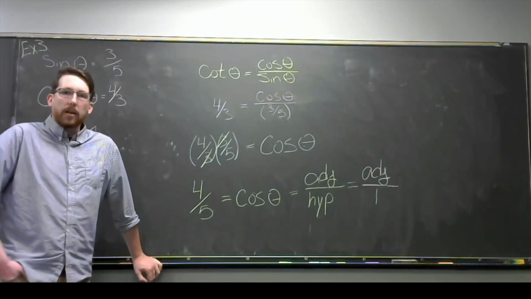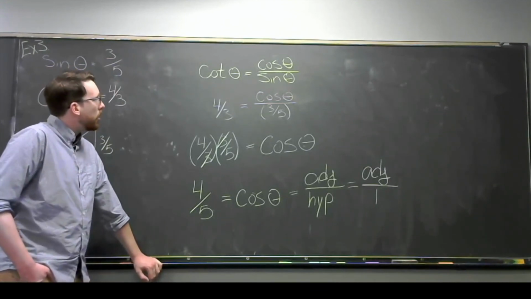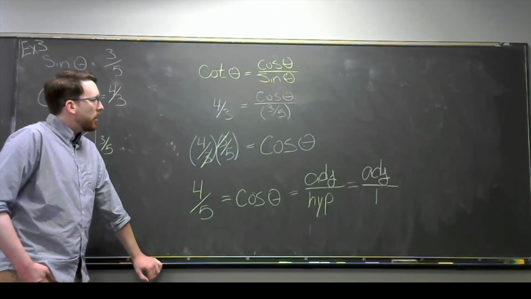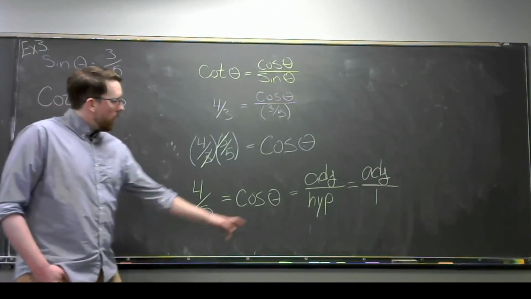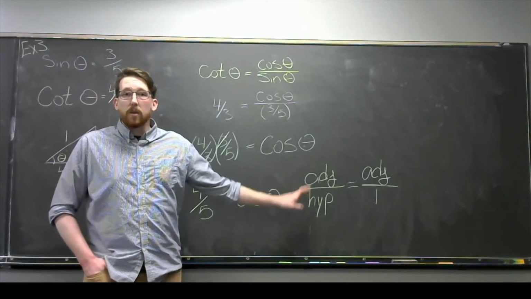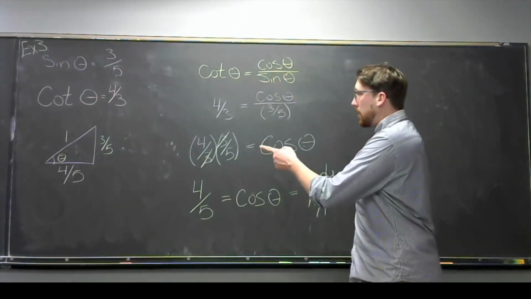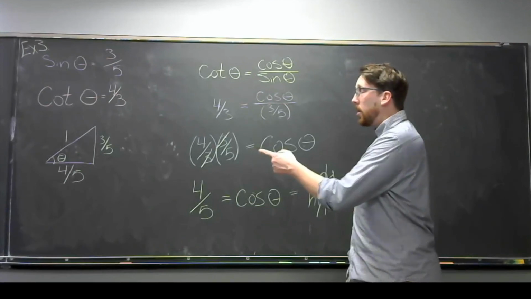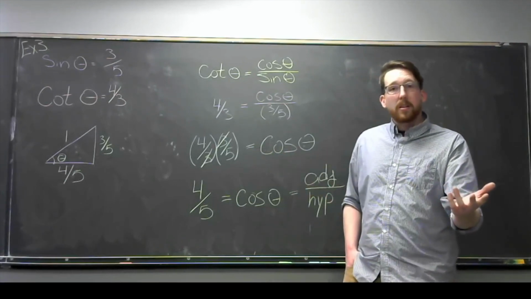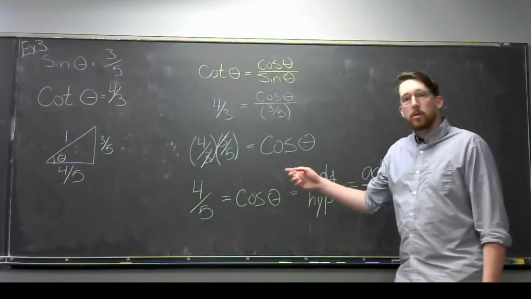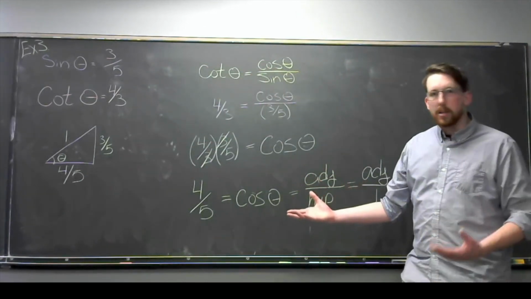It just takes practice. Recognizing that cosine is equal to adjacent over hypotenuse, and the fact that the hypotenuse is 1, using those two facts, I was able to see this route. So like I said, it just takes practice.